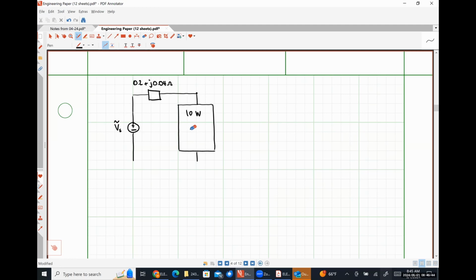Let me put it as PF is equal to 0.9 lagging. Then we have another impedance representing a portion of transmission line or something like that, where we have an impedance of 0.3 plus J 0.15 ohms.